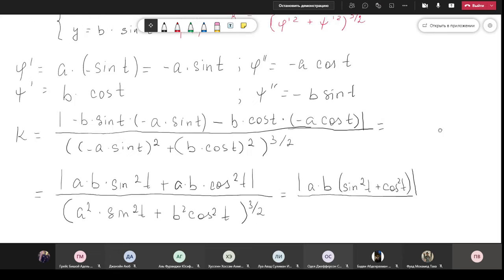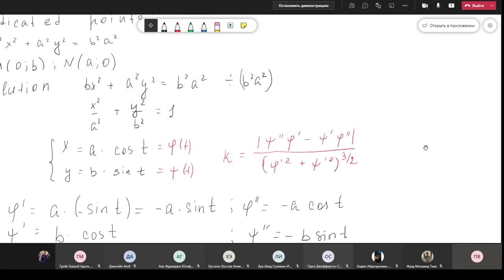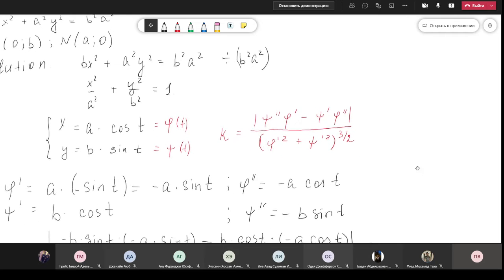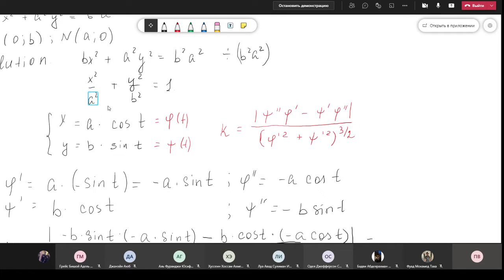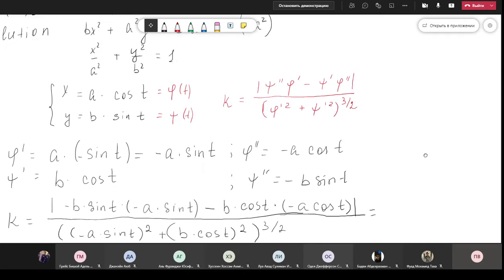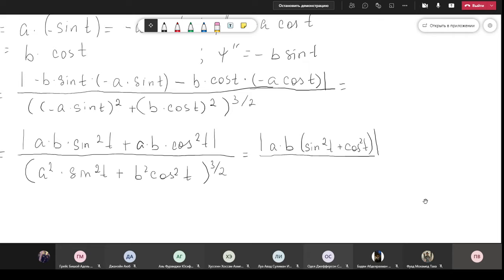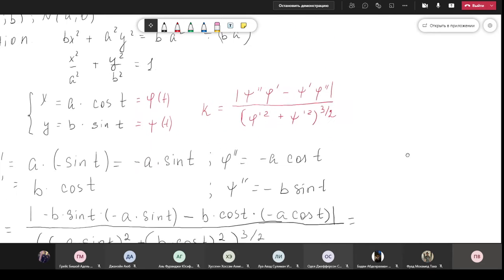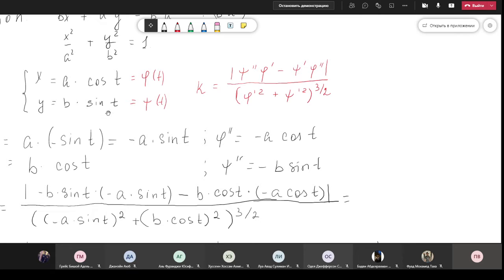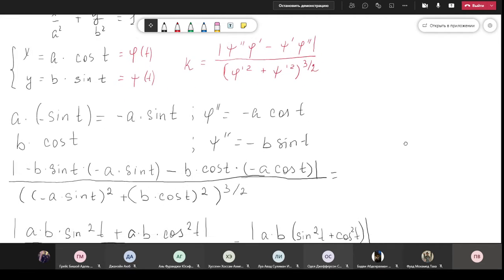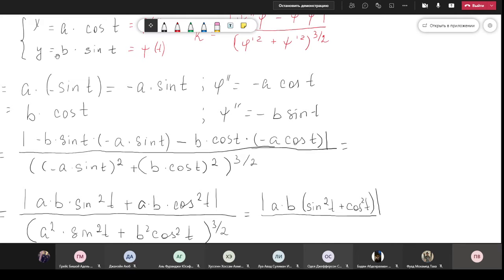See, a squared times sine squared, we don't know, but good. I think we can rewrite it. Y is b times sine, so sine is y over b. Look, sine is y over b.